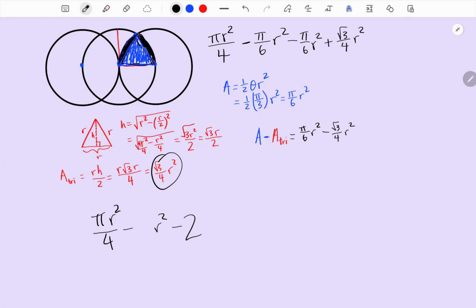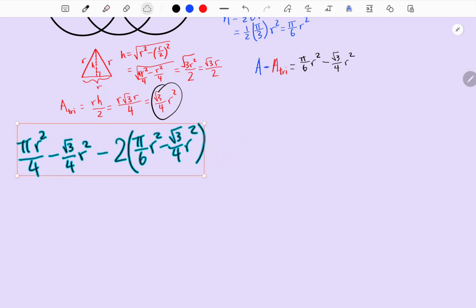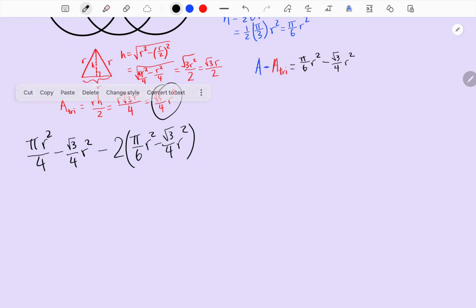I'll write this a bit neater. And then we need to subtract 2 of these guys. So 2 pi over 6 r squared minus root 3 over 4 r squared. Okay, so if we actually distribute this, what do we have?